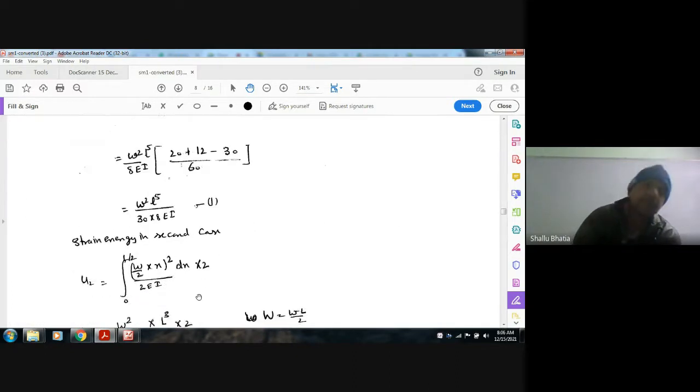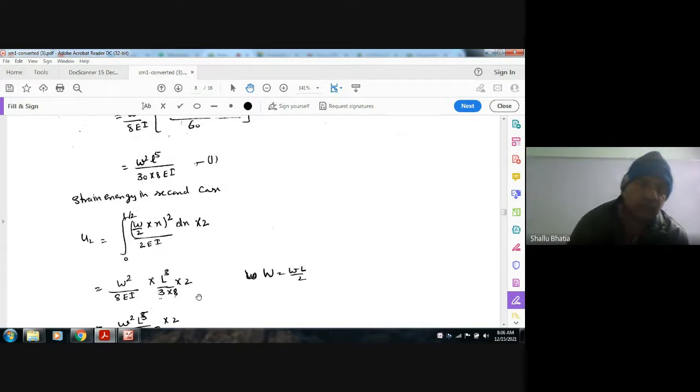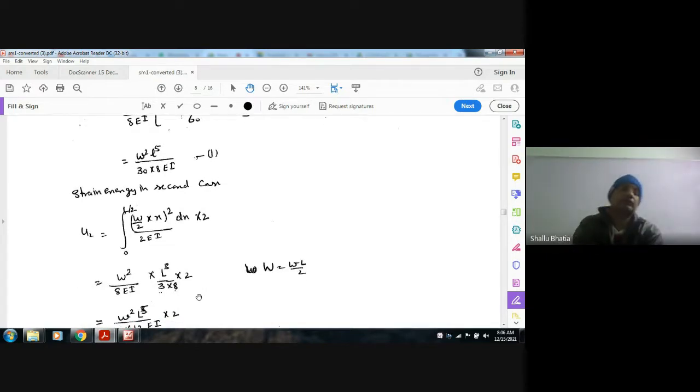In the second case, sorry, only the central load is given. So bending moment is W by 2 into x, with limit 0 to L by 2.